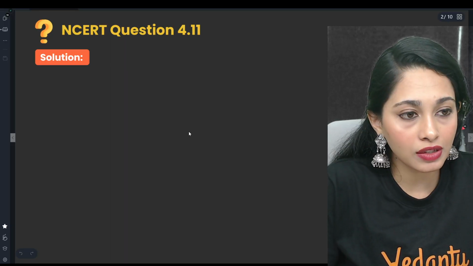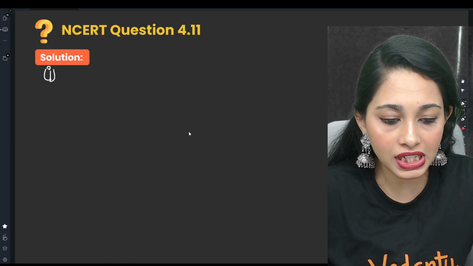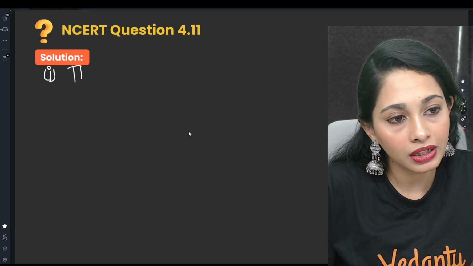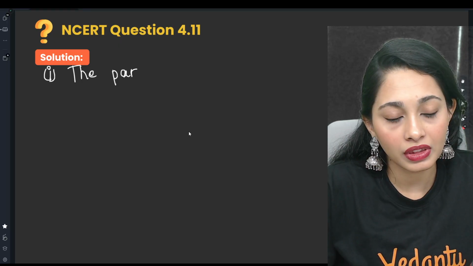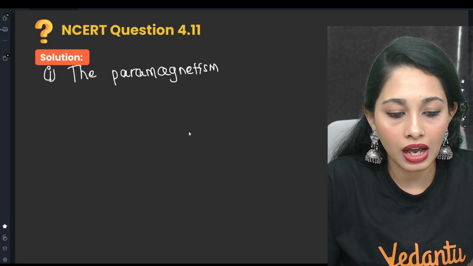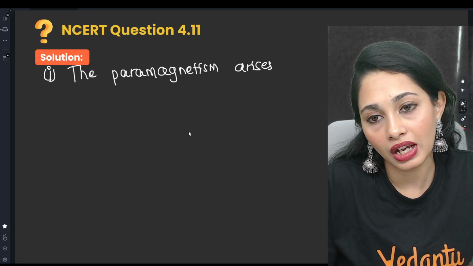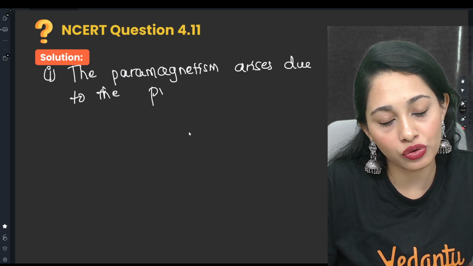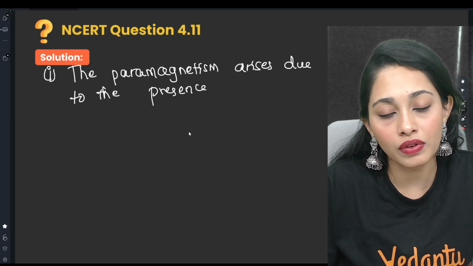So let's discuss the very first one, which is transition metals show paramagnetic behavior. The paramagnetism arises due to the presence of unpaired electrons.